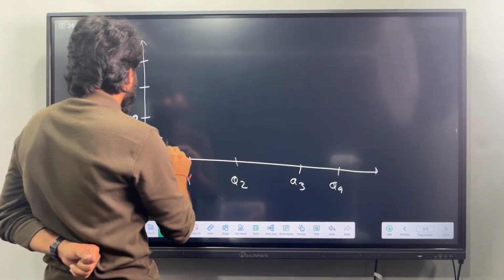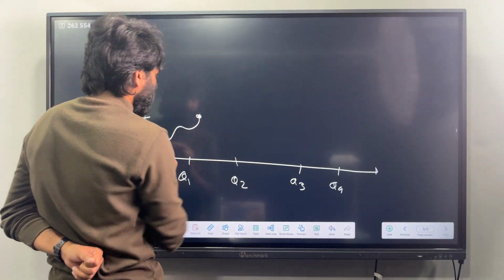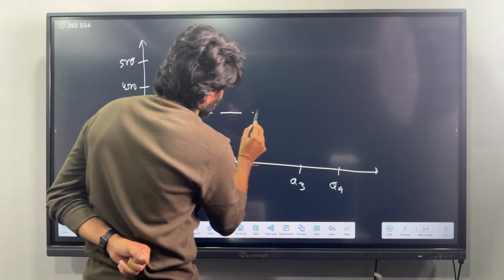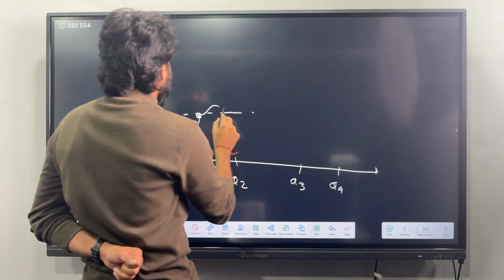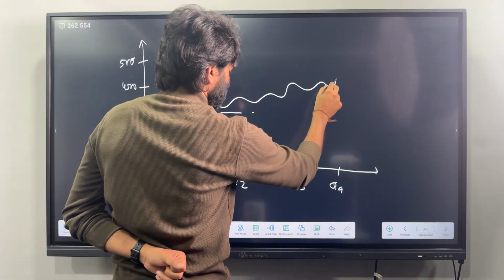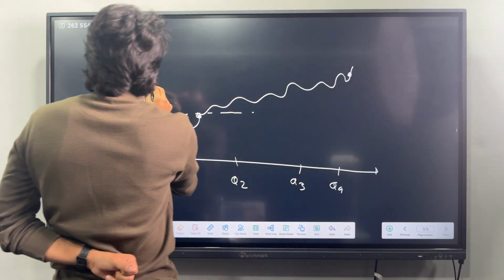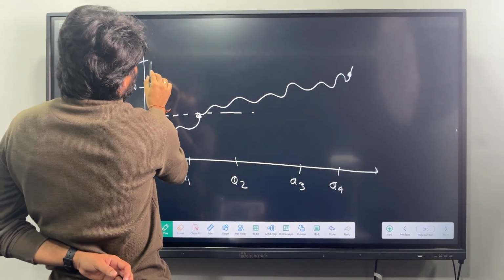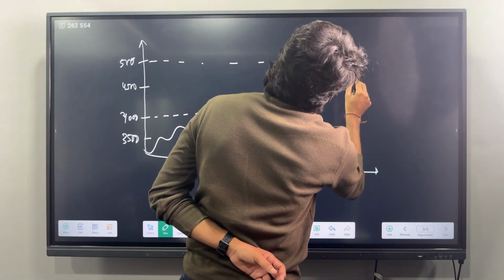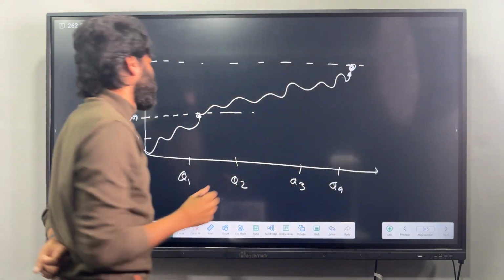Let's say the price started from here, the trade was placed at this level, right? And then again the stock price, let's say, reaches like this because it is a continuously growing company, and reaches this level, which is, let's say, 5,000 per share, right? Let's say this one, 5,000 per share.